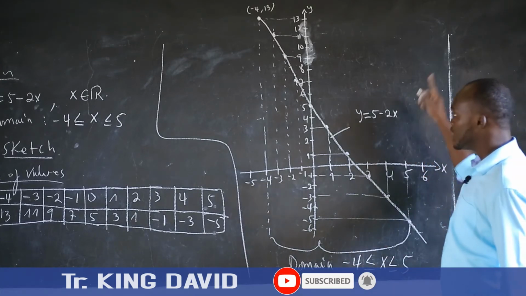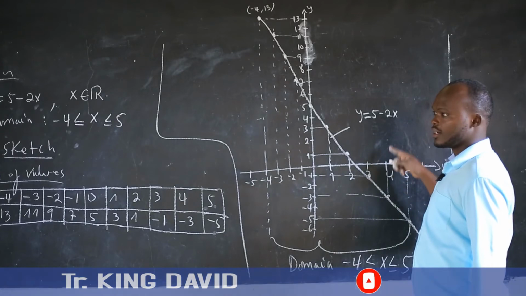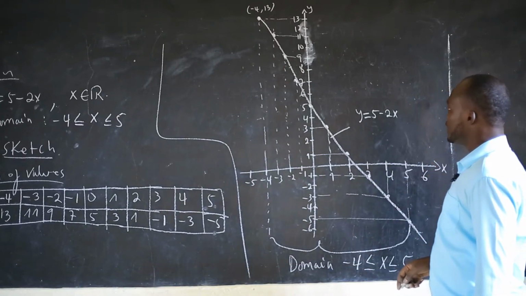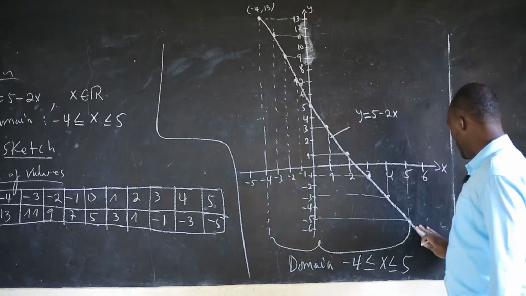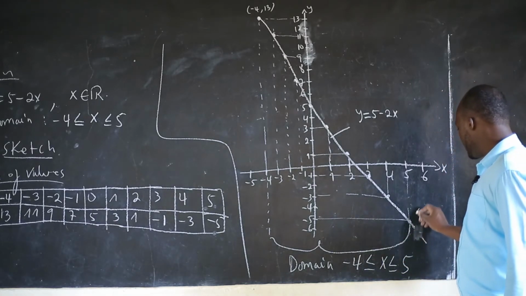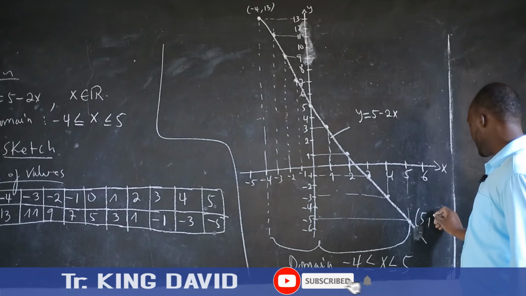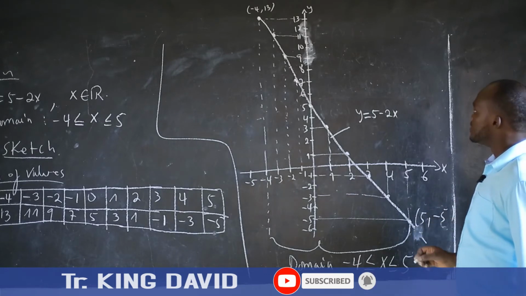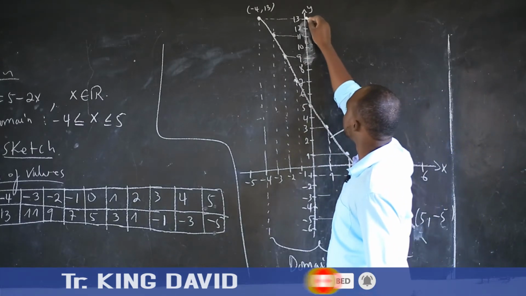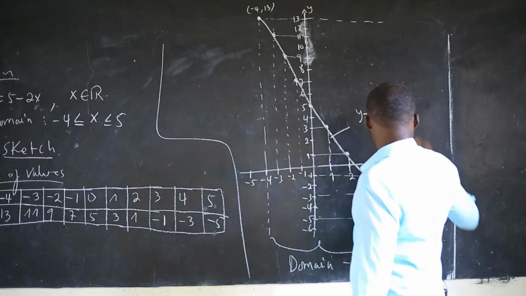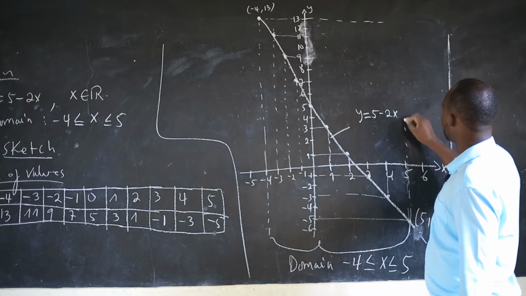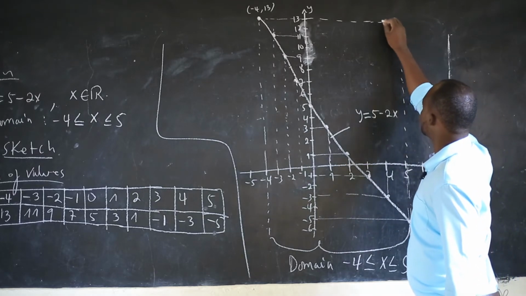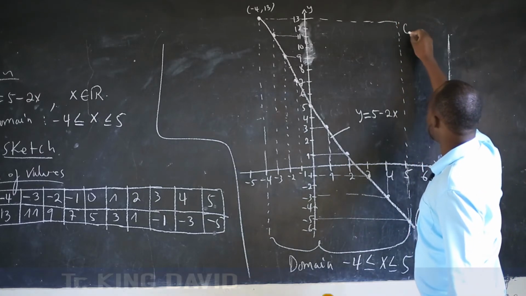So when you go to the vertical range, as you can see very well, we have this point, 5 to negative 5. It is this range.